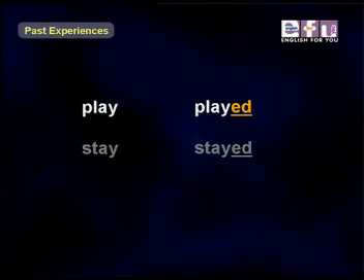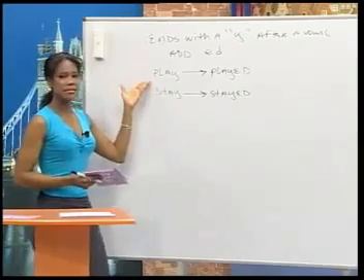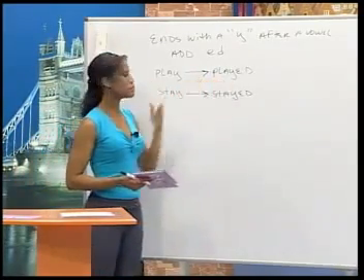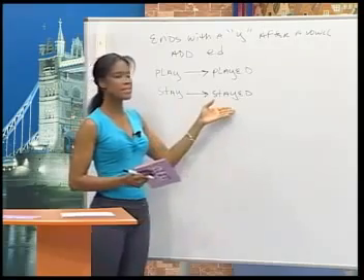So play ends in a Y after a, which is a vowel. So in the past tense, we write play plus ed, played. Okay, same with stay. Again, the Y comes after a vowel, after the A. So in the past tense, it's stay, and we add ed, stayed. So play becomes played. Stay becomes stayed.